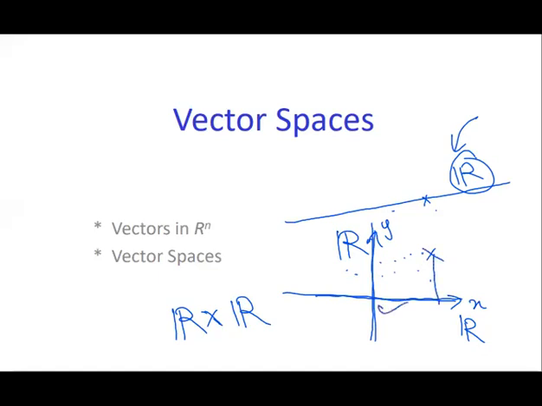This is similar to R squared, two dimensions, while R1 is one dimension. This set is isomorphic to R squared. Don't need to worry about that.